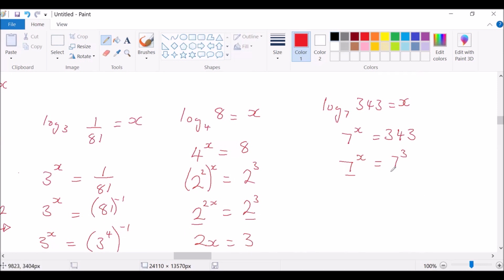Since the bases are the same and these two numbers are equal, the powers must be equal. So x is equal to 3. Now our statement will be log to base 7 of 343 is equal to 3. So that's how we evaluate, which means come up with a single number that represents this.